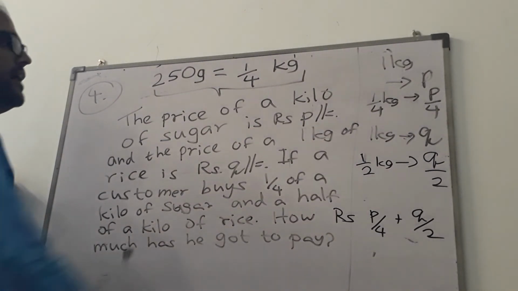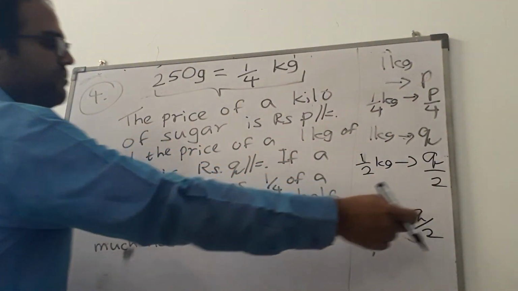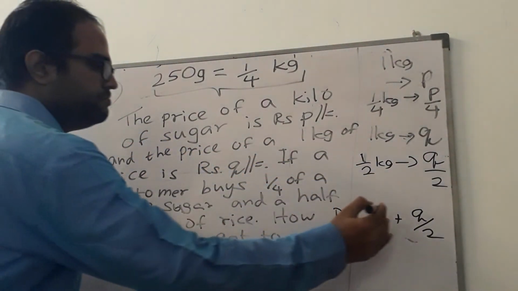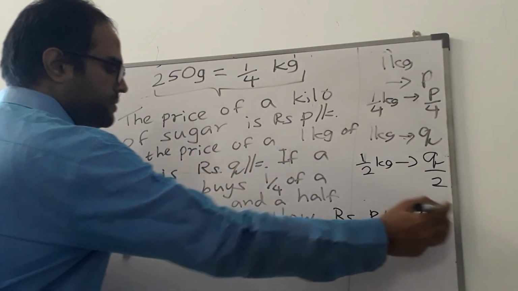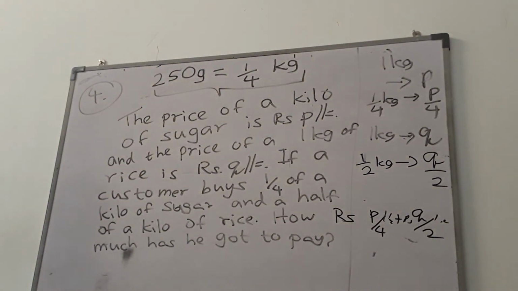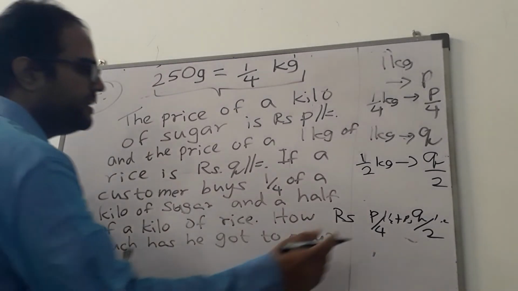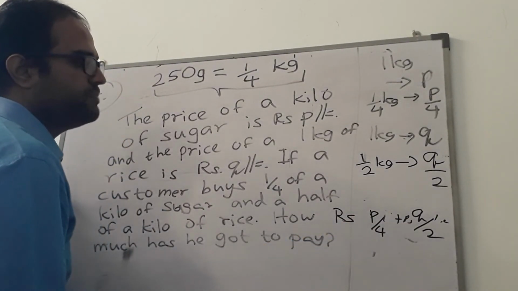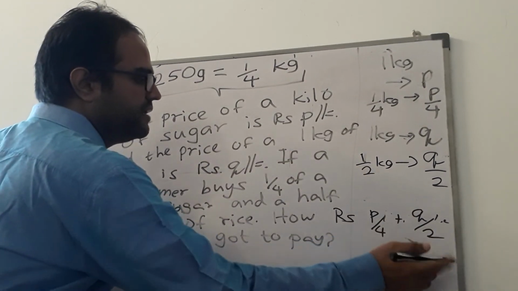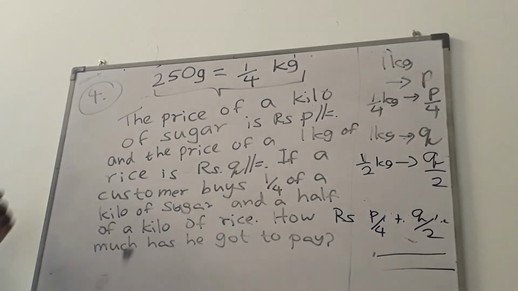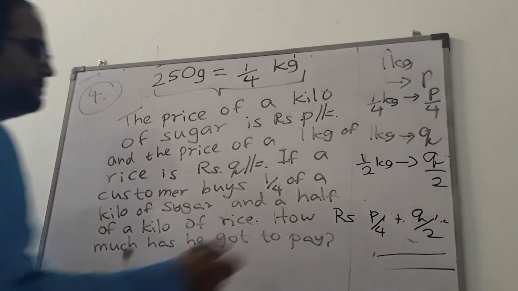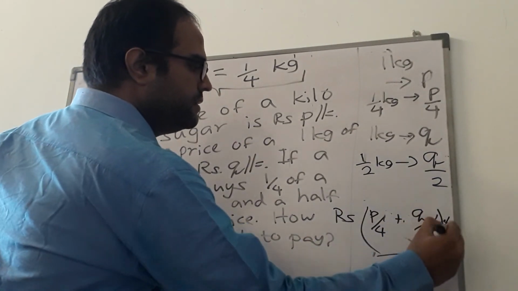You add P over 4 and Q over 2 as the total price. This is the answer.